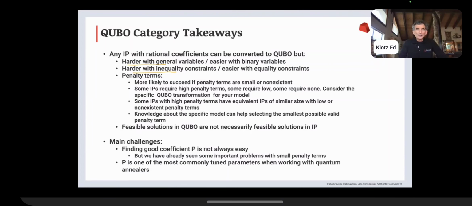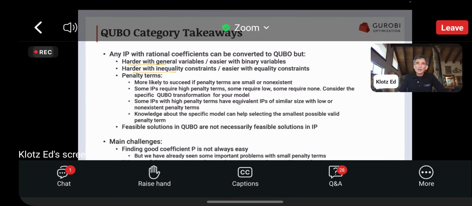And again, sometimes you may be able to reduce a model that has seemingly large penalties to one with smaller penalties if you exploit knowledge about the specific model. Again, any solution is feasible to the QUBO, but that solution isn't always feasible in the original problem. And again, it's really about finding a good coefficient for the penalty term.